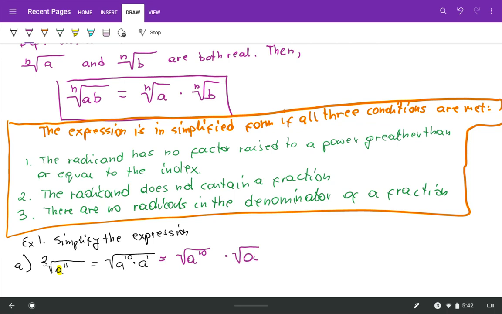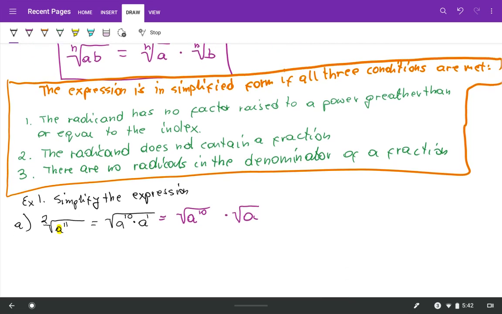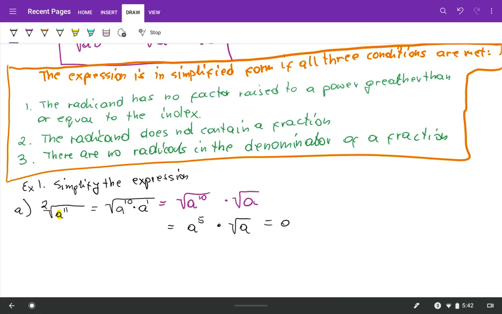Okay, and the square root of a to the power of 10 will give you a to the fifth power times the square root of a. We cannot simplify further. So the final solution will be a to the power of 5 square root of a.